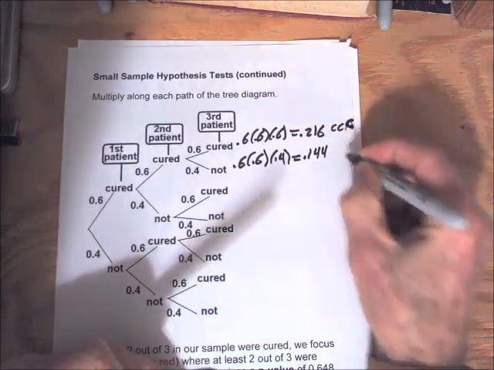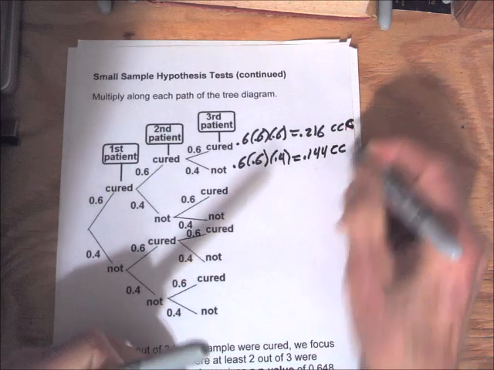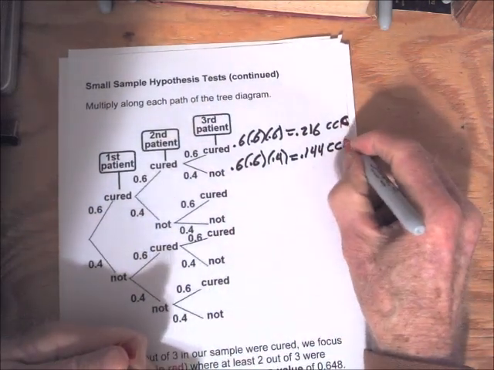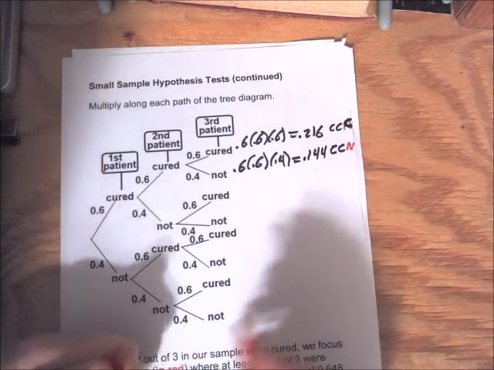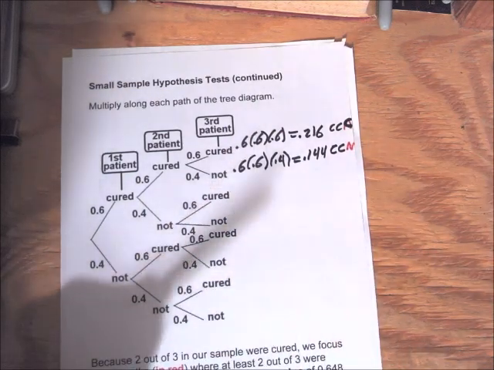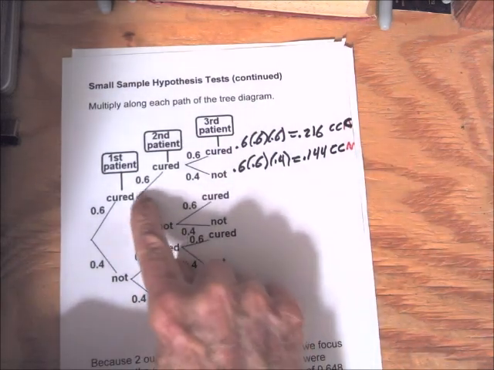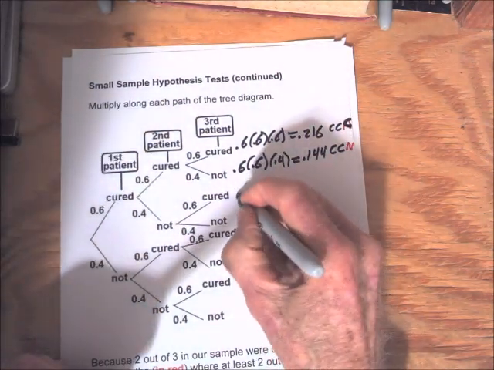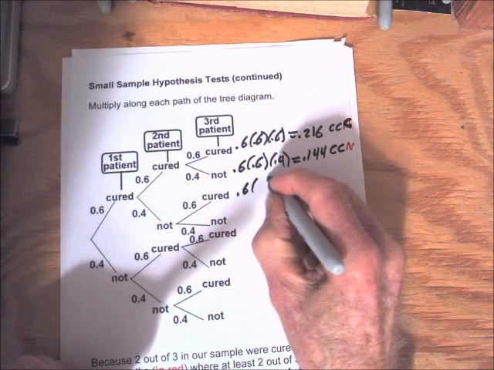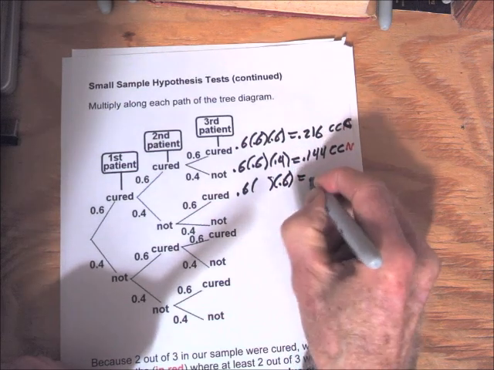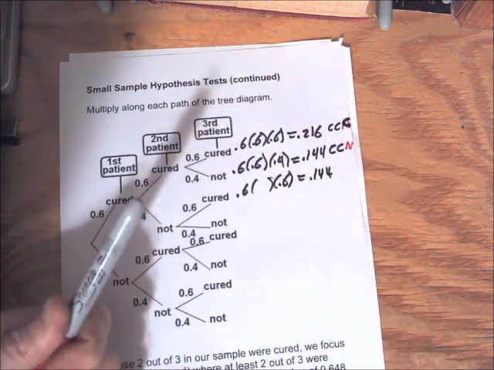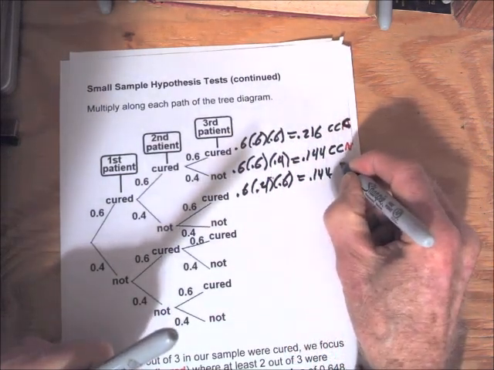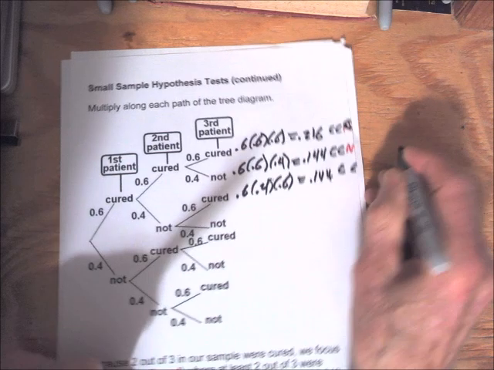Here we have 2 cured and 1 not. The last one is not cured. And then next path we have cured, not cured, and then cured. 0.144. Cured, not, and cured.